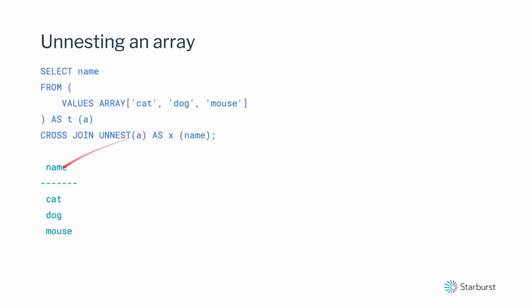And so now the output of our query is 3 rows, each with the value from the array. So cat, dog, and mouse. And now that it's transformed, it's a standard SQL column, and then we could do other things like apply an aggregation to this column, or join it to something, or anything you wanted to do because it's now just a regular SQL column.